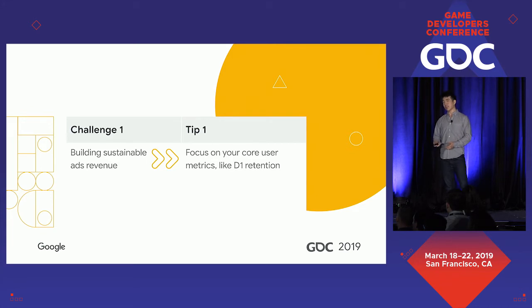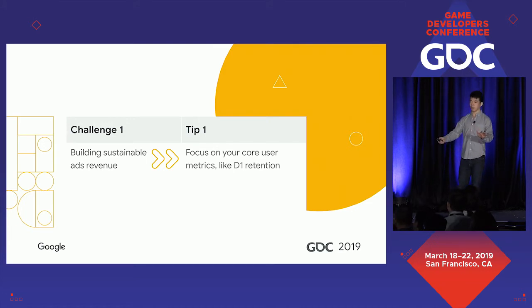The trick that I always tell them is don't focus just on the ads revenue and the ads metrics like impressions and clicks, right? You actually need to think about the holistic game experience. And really, what you should be focused on is your core user experience metrics, things like day one retention, things like user engagement. If you nail those metrics and you get them absolutely perfect, you're going to generate more ads revenue for longer periods of time.